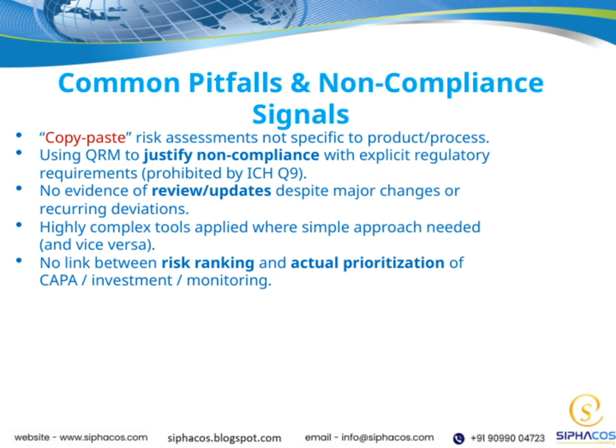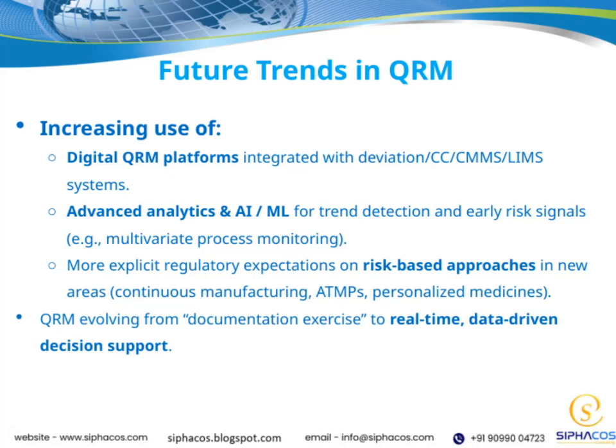As we look to the future of QRM, we're seeing a clear trend towards increasing use of digital platforms. These are now being integrated with deviation management systems, CAPA workflows, CMMS, and LIMS, creating a more seamless flow of information.